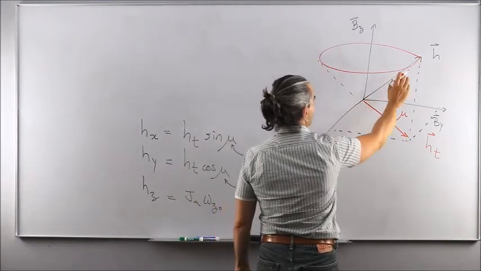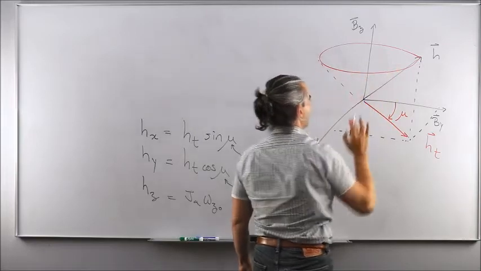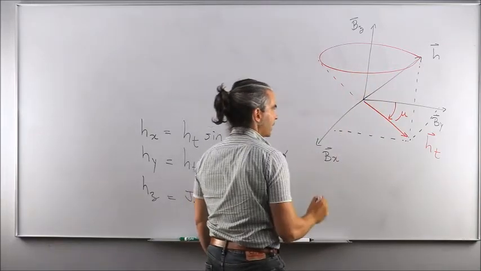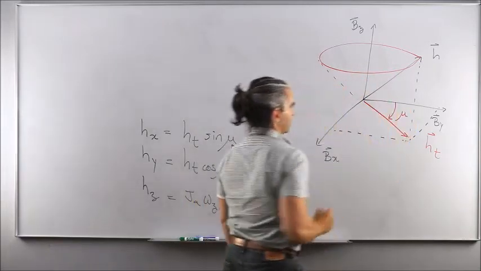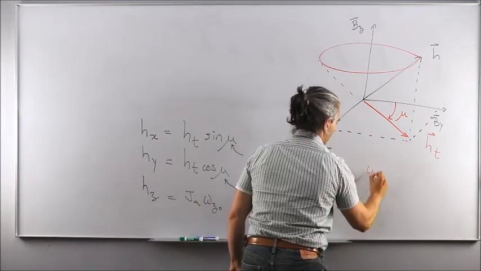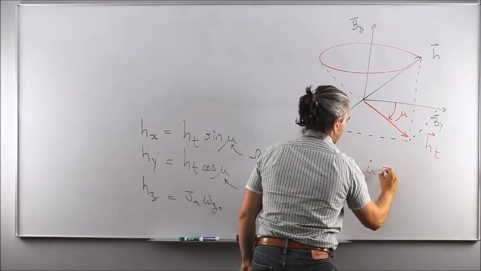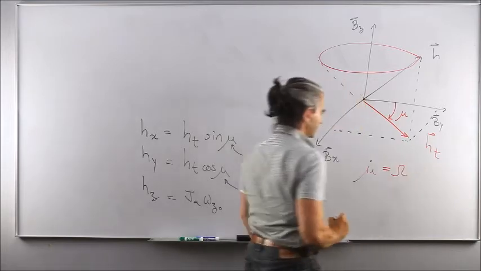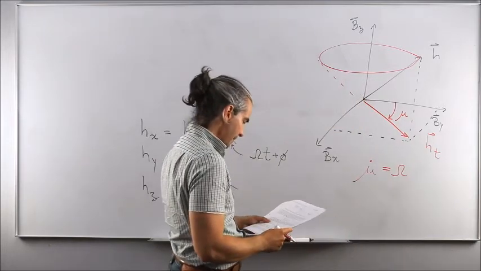This means that the h vector draws a cone about bz at a rate equal to mu dot, where again mu dot is the same as the relative spin rate.